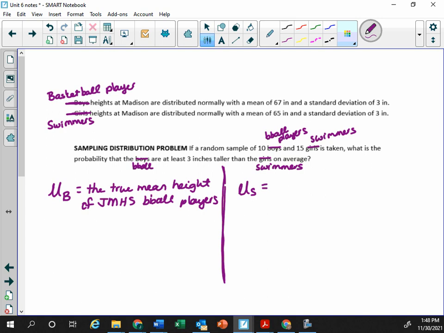So what does that make mu of S? The true mean height of JMHS swimmers.